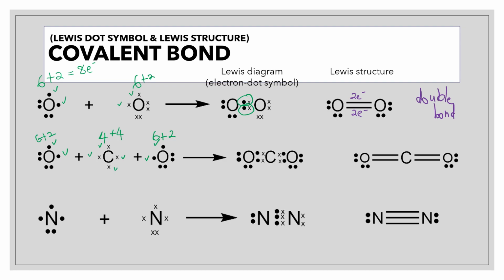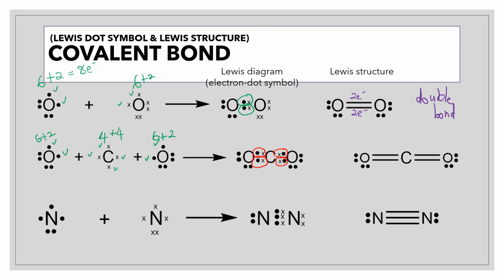So di sini you boleh nampak, kita ada sharing of 1 pair, 2 pair, 1 pair and 2 pair di sini. So untuk carbon, kita akan ada carbon and oxygen. The first carbon and oxygen akan melibatkan sharing of 2 pairs of electron, and di antara carbon dengan the next oxygen sebelah kanan pun akan melibatkan sharing of 2 pairs of electrons.